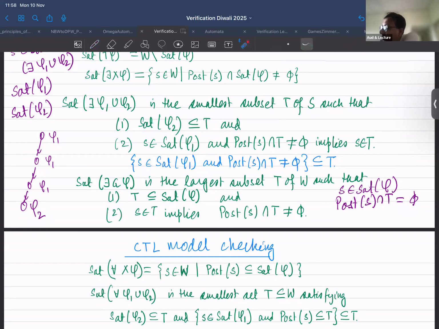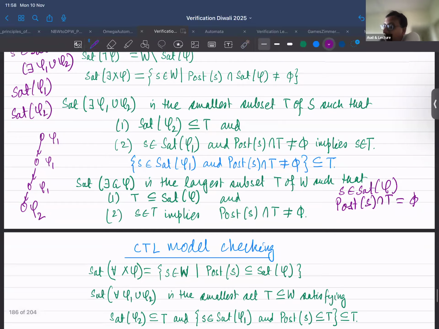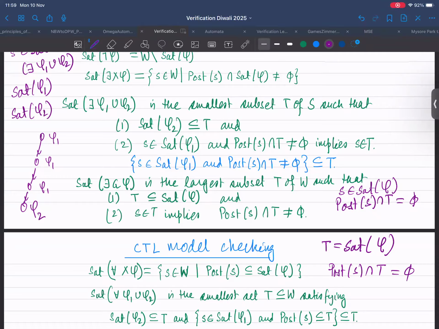And if I see that, so this was already in T, right? So I will first start my T in this form, T equal to set of phi to start with, okay? In order to compute this, first I'll start with T equal to set of phi. Now I will see if for any states, okay, if post S intersection T is empty, then what shall I do if this is empty? Then we should just remove it. We should just remove such states from T.